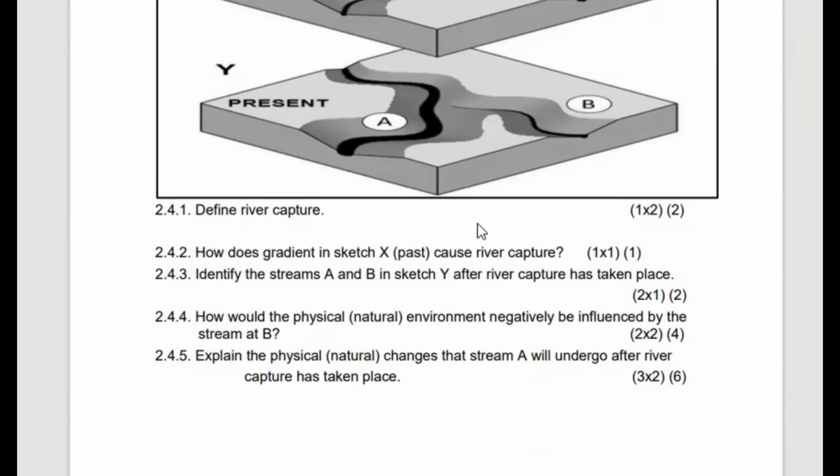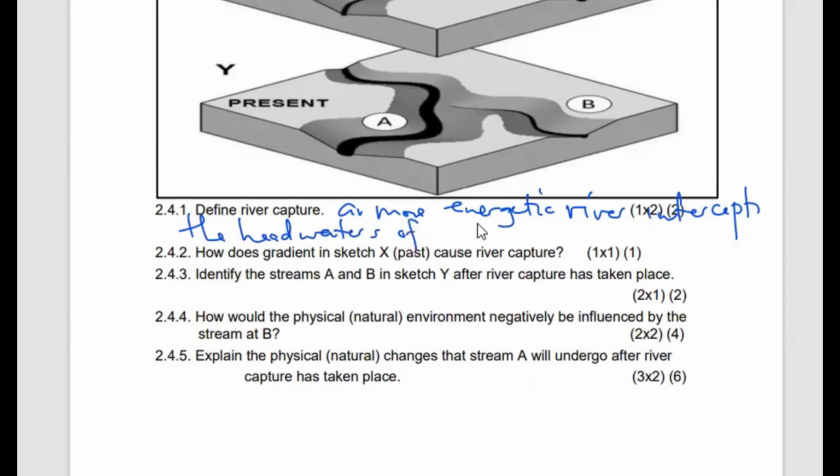It's a process by which a more energetic river intercepts the headwaters of a less energetic river.